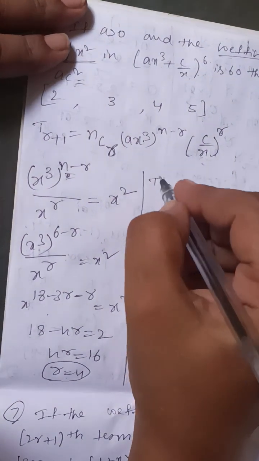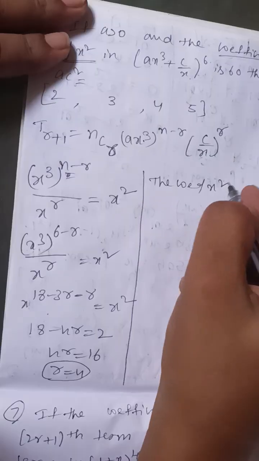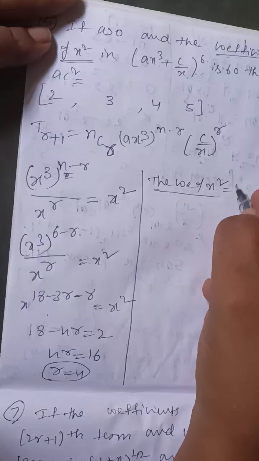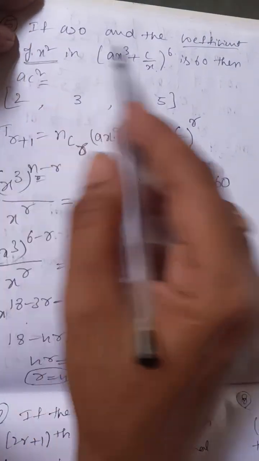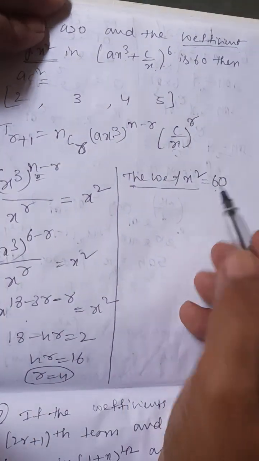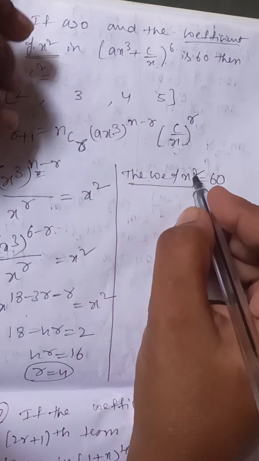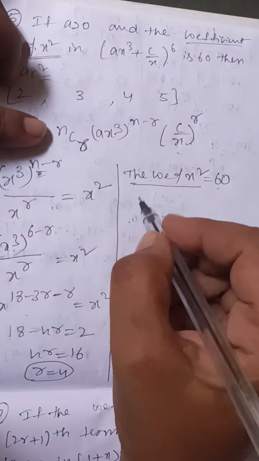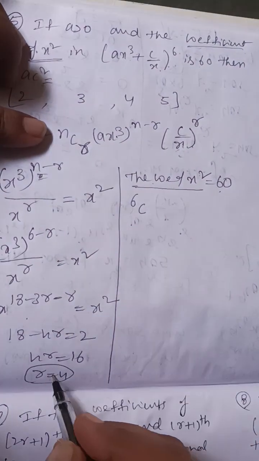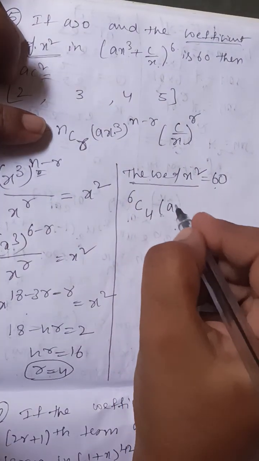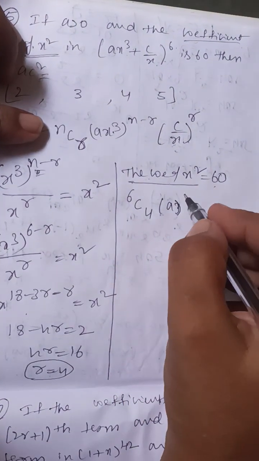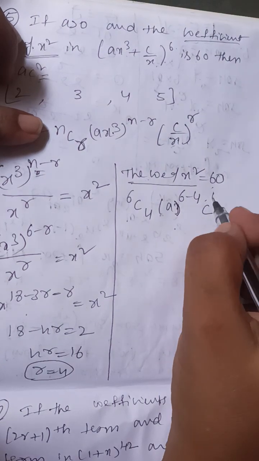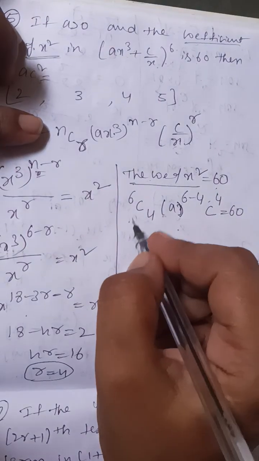The coefficient of x square in this expansion is equal to 60. So just take the coefficient of the general term: n is 6, r is 4, so 6c4 into a power 2, c power 4, don't write x terms, equal to 60.